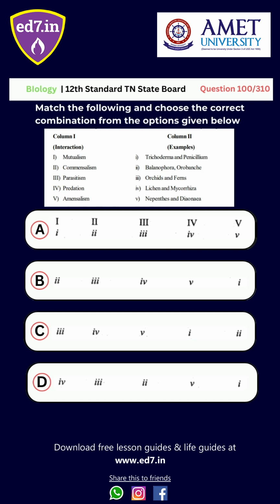Under examples we have: 1 Trichoderma and Penicillium, 2 Balanophora and Orobanche, 3 orchids and ferns, 4 lichen and mycorrhiza, 5 Nepenthes and Dionaea. And the options are: option A 1, 2, 3, 4 and 5; B 2, 3, 4, 5, 1; C 3, 4, 5, 1, 2; D 4, 3, 2, 5, 1. And the right answer for this question is option D, 4, 3, 2, 5 and 1.